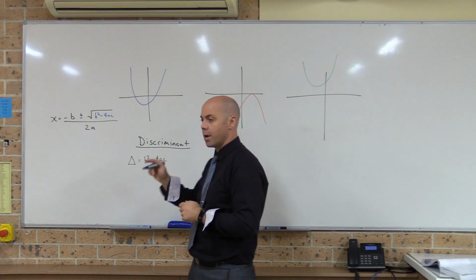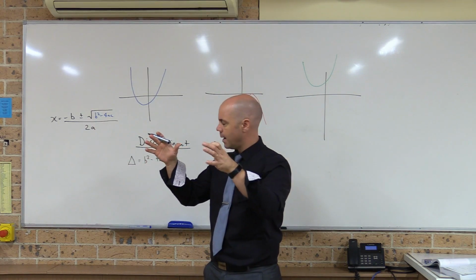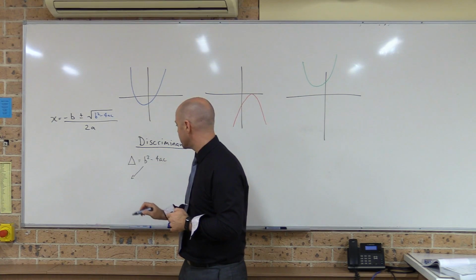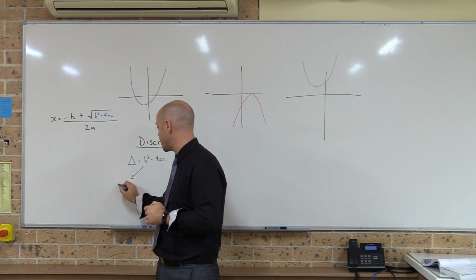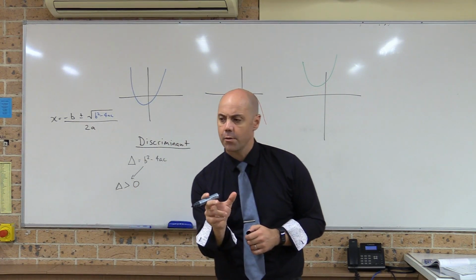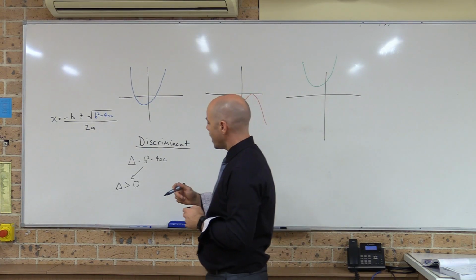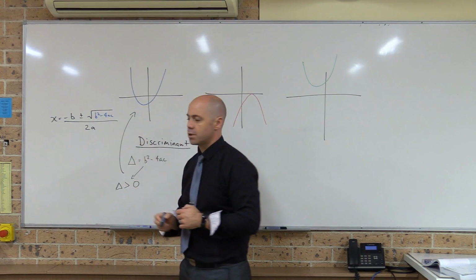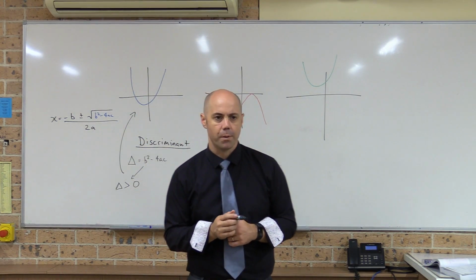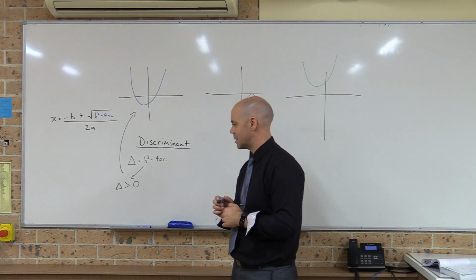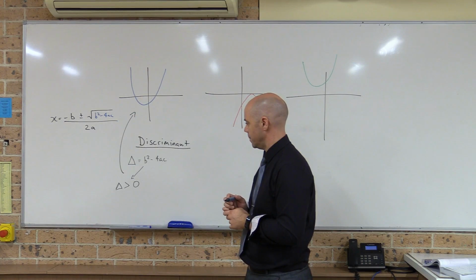And we're going to say there are three different instances of that discriminant. It could be that the discriminant is positive, it is greater than 0. So if what's inside there is greater than 0, we know straight away that it is one of these types of parabolas, one that cuts the x-axis twice, one that has two roots.